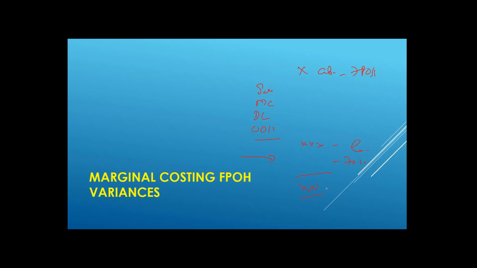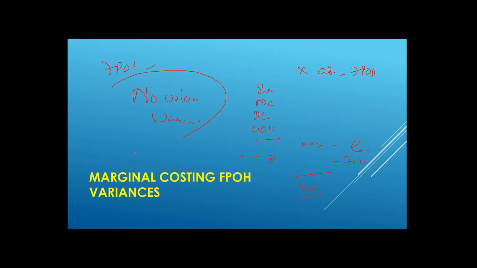Therefore, because fixed overheads are not absorbed, you will never find a volume variance for the fixed production overhead on marginal costing. No volume variance, because we are not absorbing the overhead.